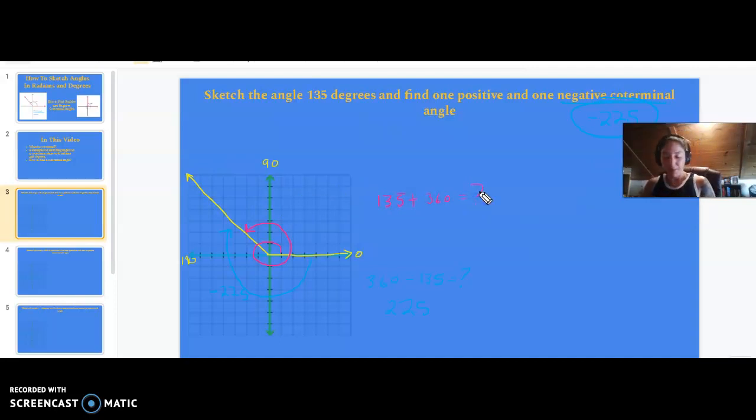It is 495. So that angle could also be 495. The angle we sketched in yellow was 135, a negative coterminal angle could have been negative 225, and a positive coterminal angle could have been 495. As you can see, if we keep adding 360 to this, we can keep getting different coterminal angles. So there's not just one coterminal angle. There are many ways to do these, and you could get many possible answers.